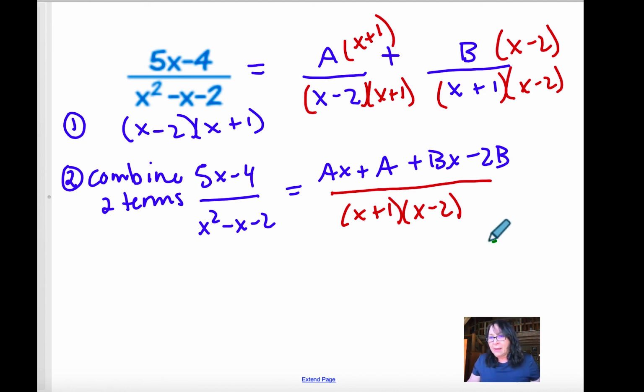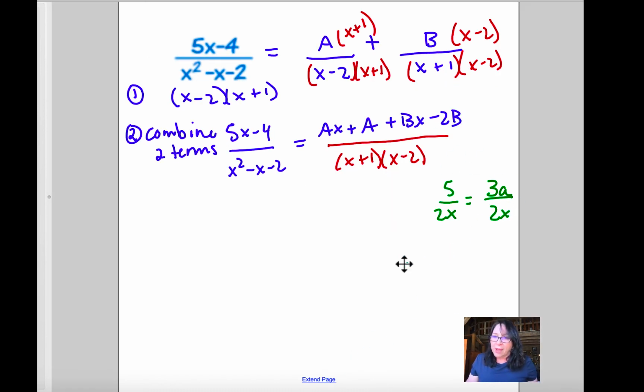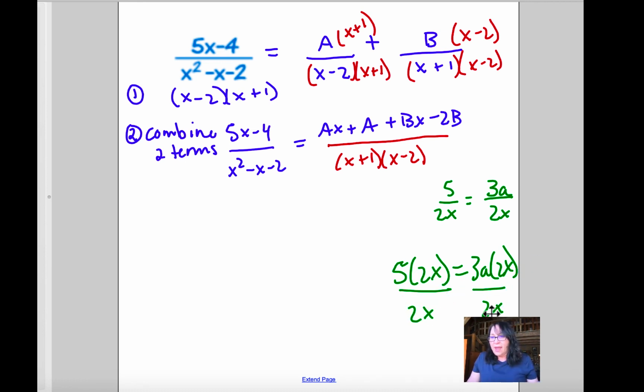If I had 5 over 2x equal to, let's say, 3a over 2x, right? What happens when I cross multiply? I'm going to get 5 times 2x equals 3a times 2x. Now, I'm going to divide both sides by 2x, obviously. And when I do that, my 2x's, which are my denominators, are actually going to cancel out. I'm going to get 5 equals 3a. Do you see that? And solve for a.